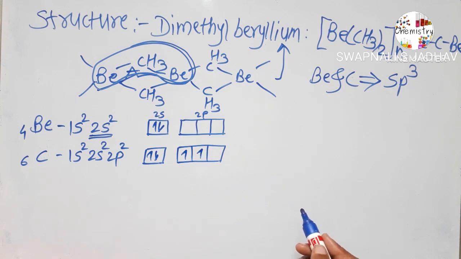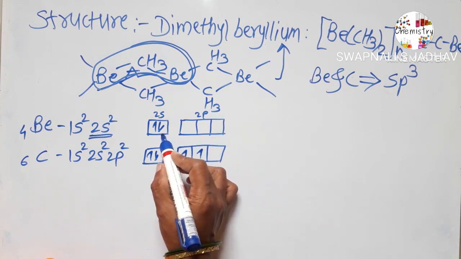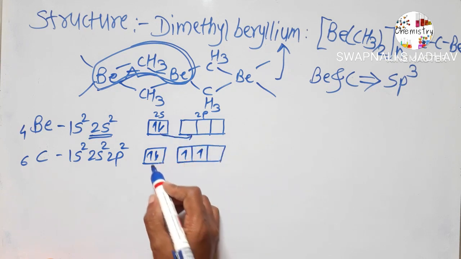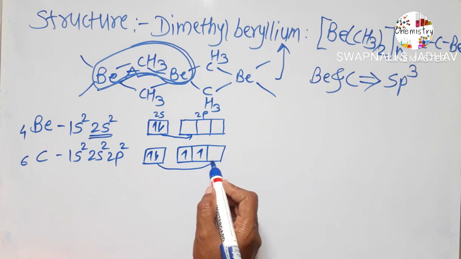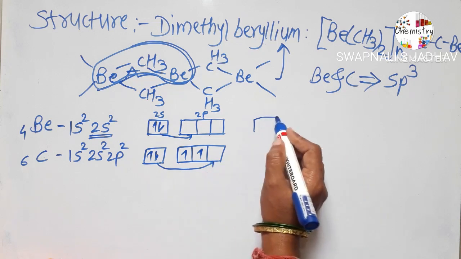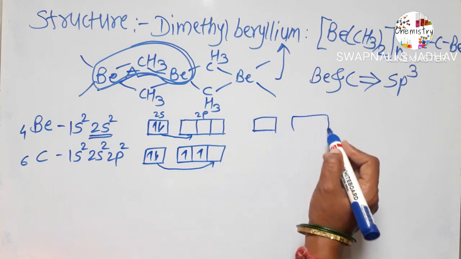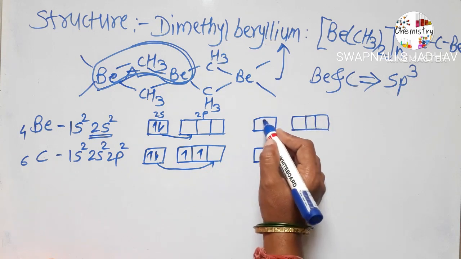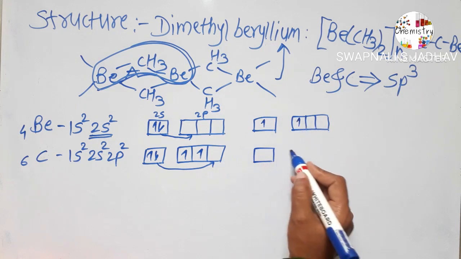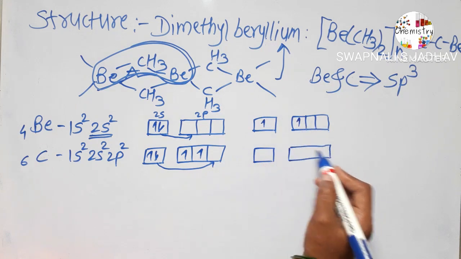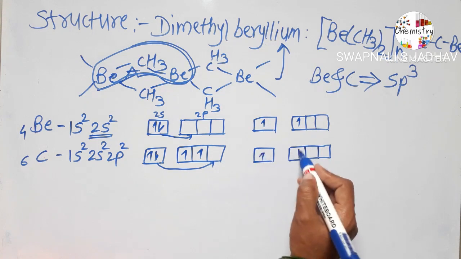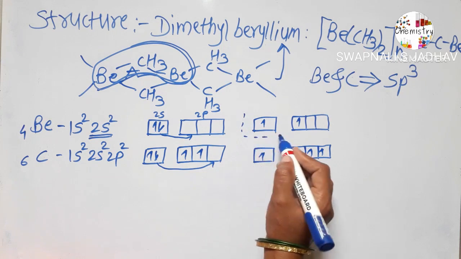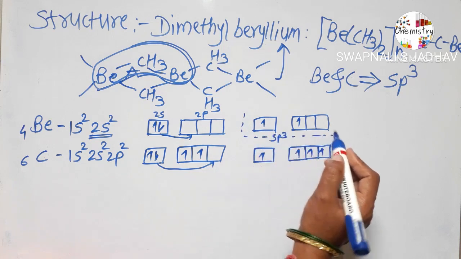Then in the excited state, what happens? One 2s electron is excited to a 2p orbital, therefore the electronic configuration becomes 2s1 2p1 for beryllium and 2s1 2p3 for carbon, and it undergoes sp3 hybridization.